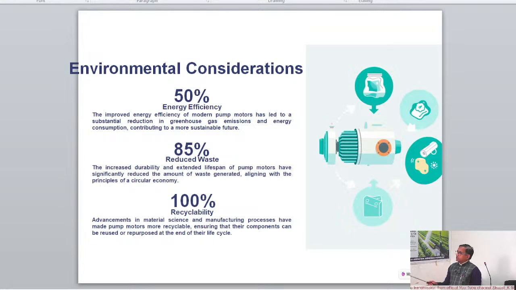Another thing is reducing waste. Obviously, when fossil fuel and electricity are not utilized, we can reduce the load on the environment. And for recyclability, advanced materials can be used to develop PV panels or pump components, so that recyclability of these panels is one of the areas we can use.